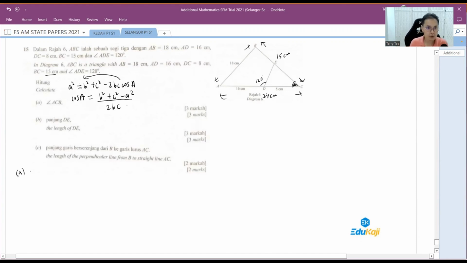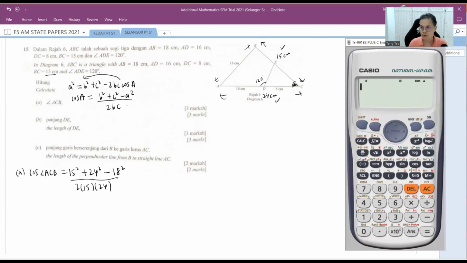Now, since I know I'm finding cos angle ACB, your B and C will be these two lengths, 15 and 24. Your A is the opposite length, which is 18. You divide by 2 times 15 times 24. Okay, use your calculator, right? 15 square plus 24 square, you minus 18 square, divide by 2 times 15 times 24.